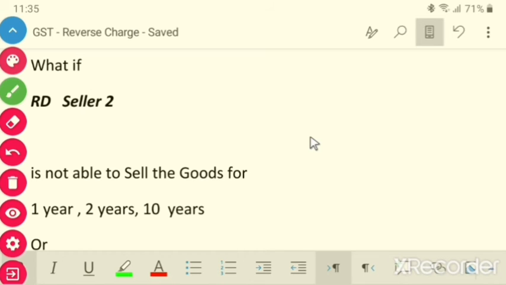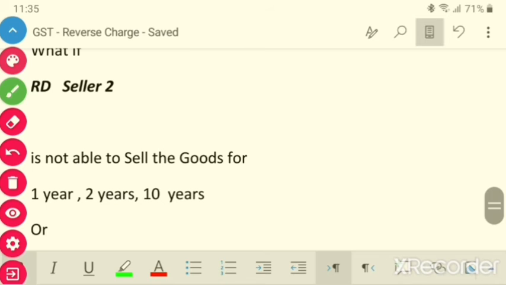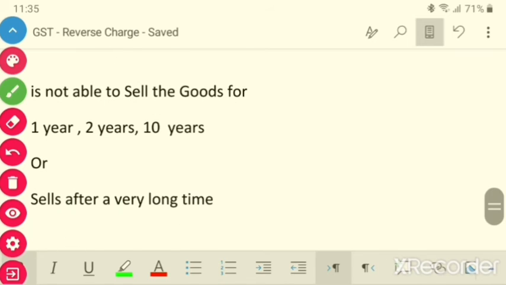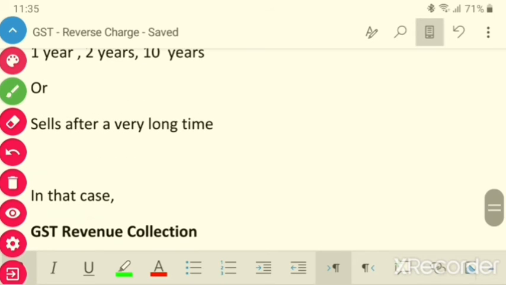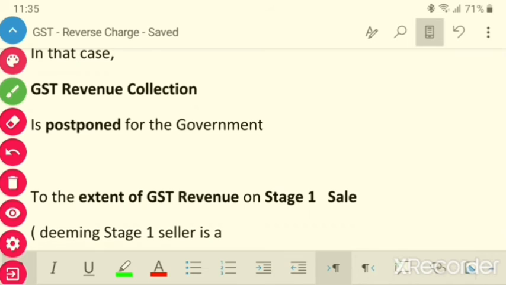Now, let us assume a situation wherein seller 2, that is the stage 2 seller, is not able to sell the goods for 1 year, 2 years, 10 years, or sells the goods after a very long time. What happens in that case? GST revenue collection is postponed for the government to the extent of GST revenue on stage 1 sale.